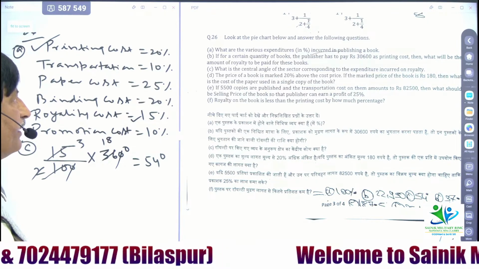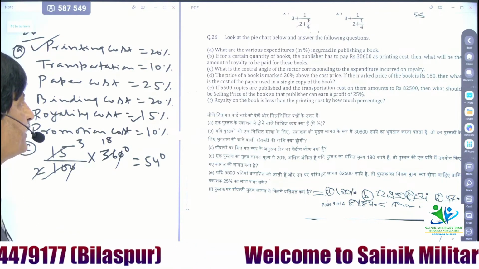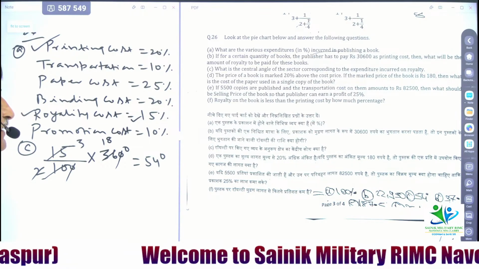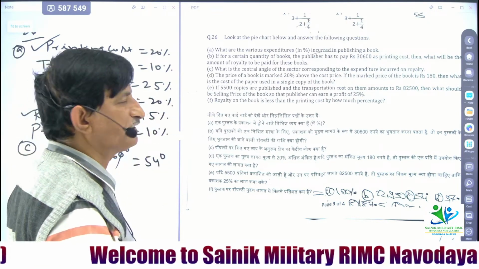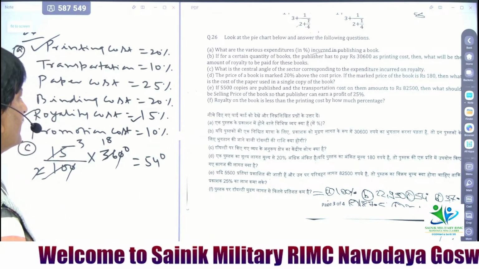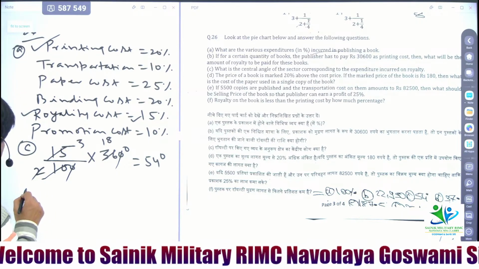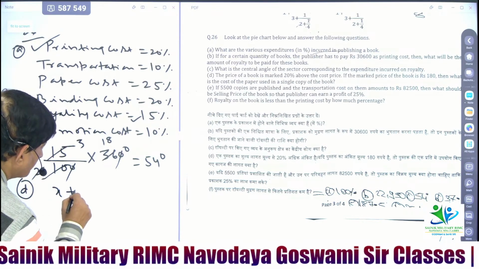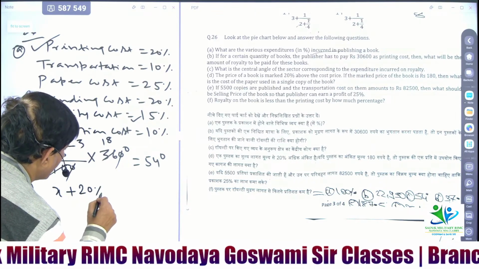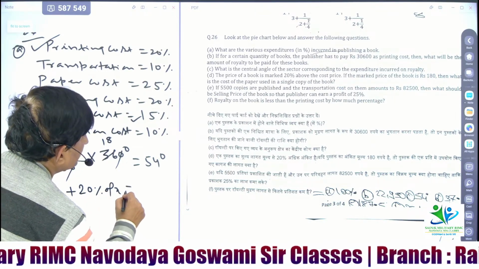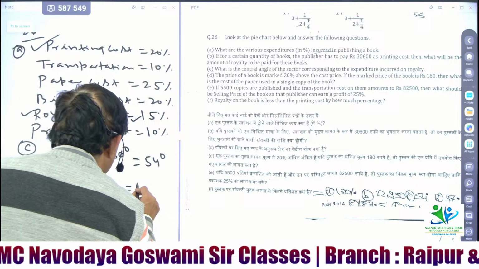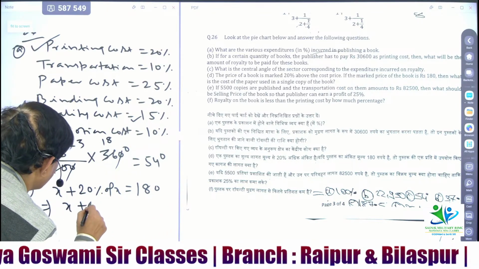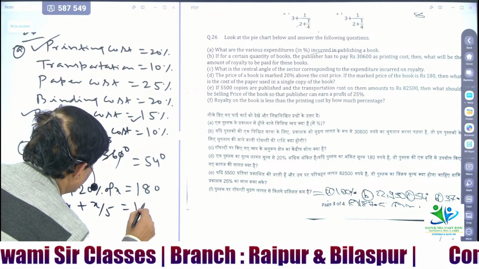Now D part, the price of the book is marked 20% above the cost price. There is no relation of this question from this pie chart. You can simply calculate here D part. Let the cost price is X and marked price is 20% more than the cost price, and the marked price is given 180, and from here you get X plus X by 5 is equal to 180.